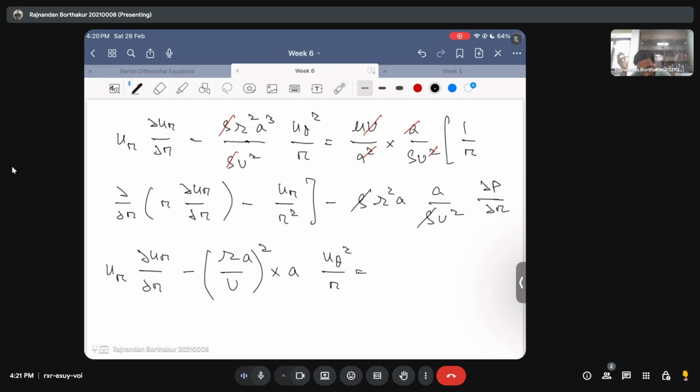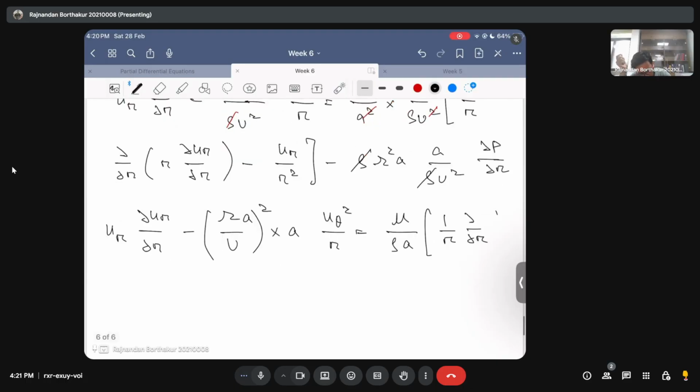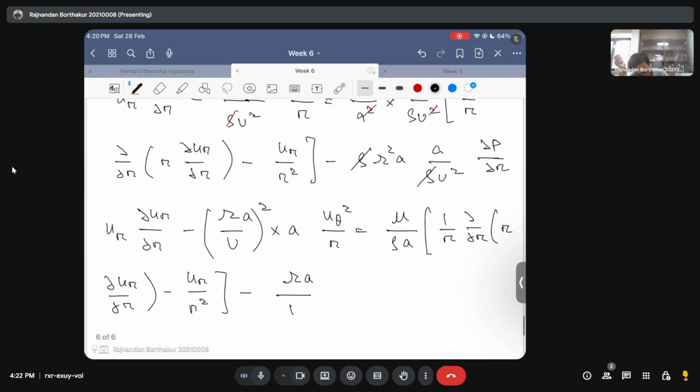And then this is equal to rho A by mu times this function, which is 1 by R del R of R times del UR by del R minus UR by R squared minus this will become omega A by U squared times del P del R. Okay.